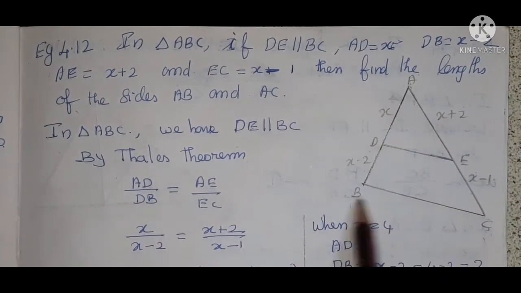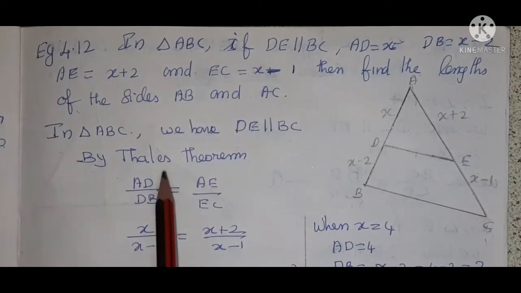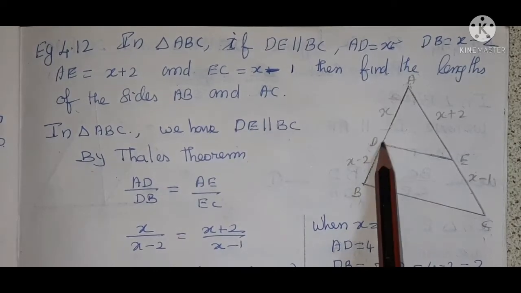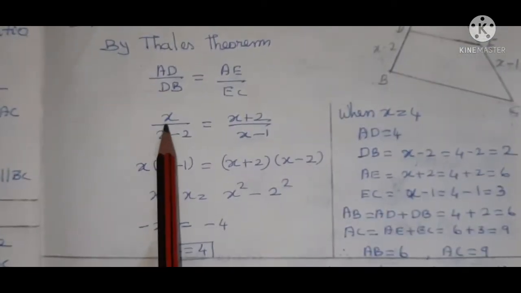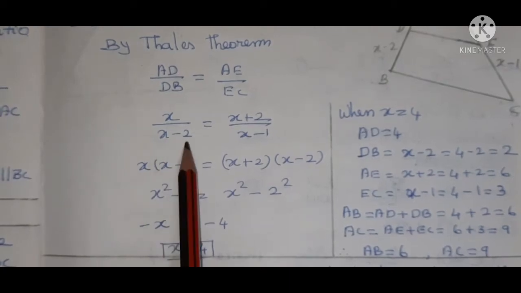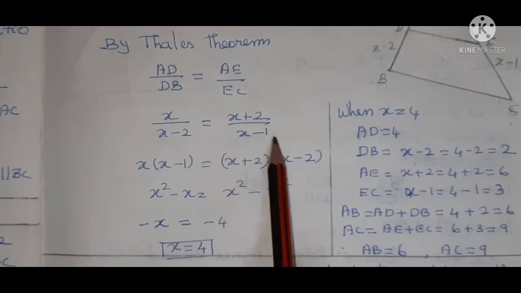In triangle ABC, we have DE is parallel to BC. By Thales theorem, AD by DB is equal to AE by EC. So x by x minus 2 is equal to x plus 2 by x minus 1.